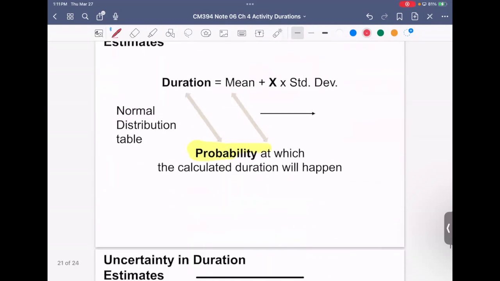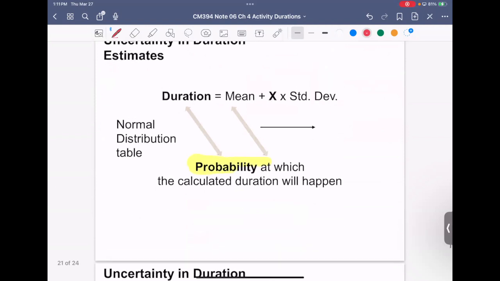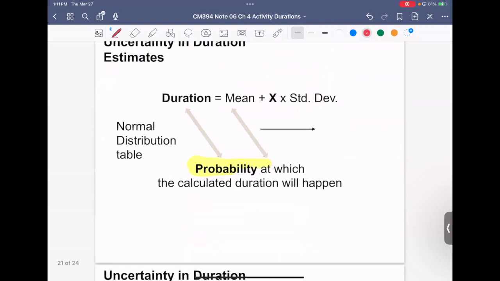Okay, so once you understand this normal distribution plot, we can get more detailed things from the table, right? So the probability here is in terms of confidence, right? You will see whether your duration is within this range or outside that range.